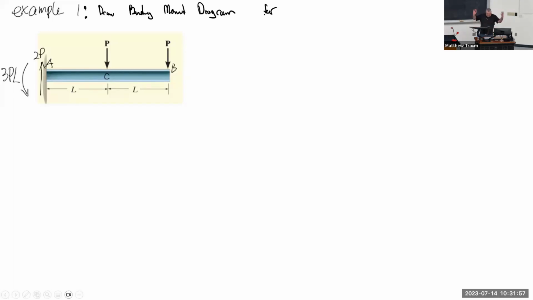Again, you guys have taken the class up until this point, and so we won't go through how we come up with the forces and the moments at the boundary, assuming you guys can do that. A key takeaway is that M at A, so the moment at that point, is equal to minus 3PL.